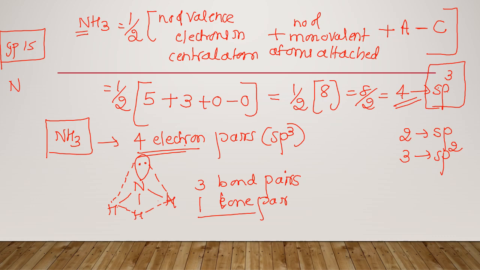For sp3 hybridization, all of you know the geometry should be tetrahedral, but in ammonia, because of the presence of lone pair, the geometry deviates from tetrahedral to pyramidal. Therefore, actual geometry of ammonia molecule is pyramidal, and the type of hybridization is sp3, and total electron pairs 4, out of which 3 are bond pairs and 1 is lone pair.